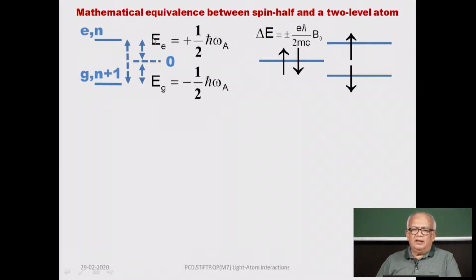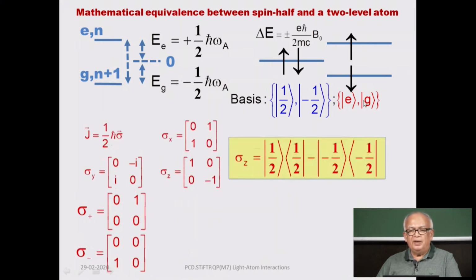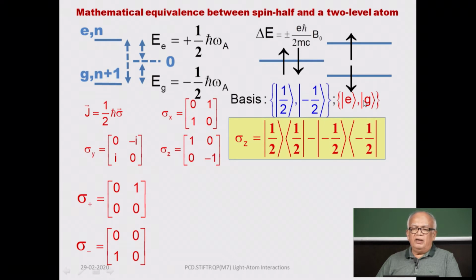And this system is completely identical to the spin half system, whether it is electron or proton in a magnetic field. So, in this case the basis states are either plus half and minus half, or you can write them equivalently as states E and G, and you can even write them as states 1 and 0 if you like.